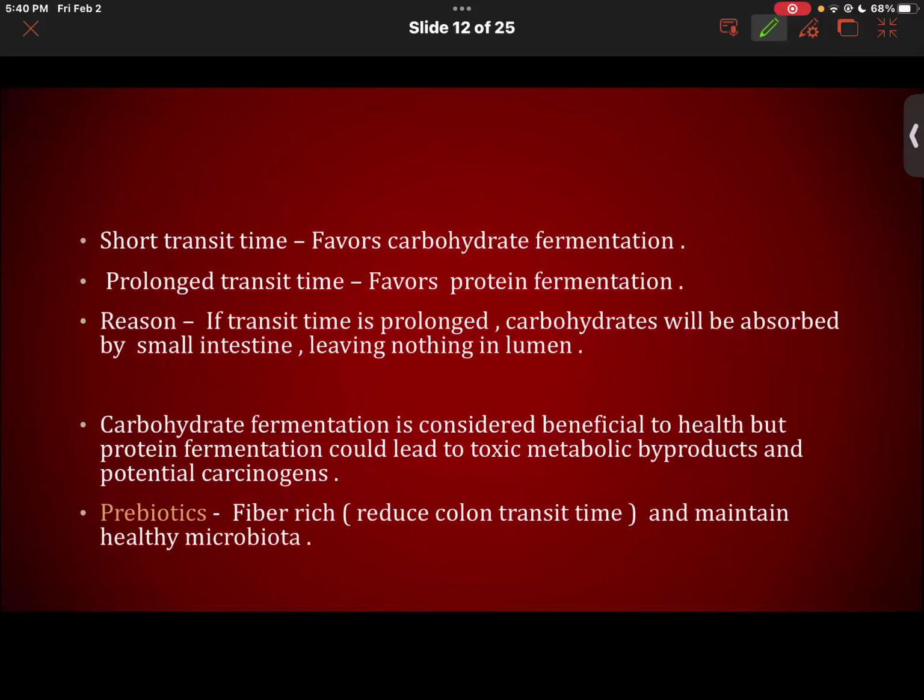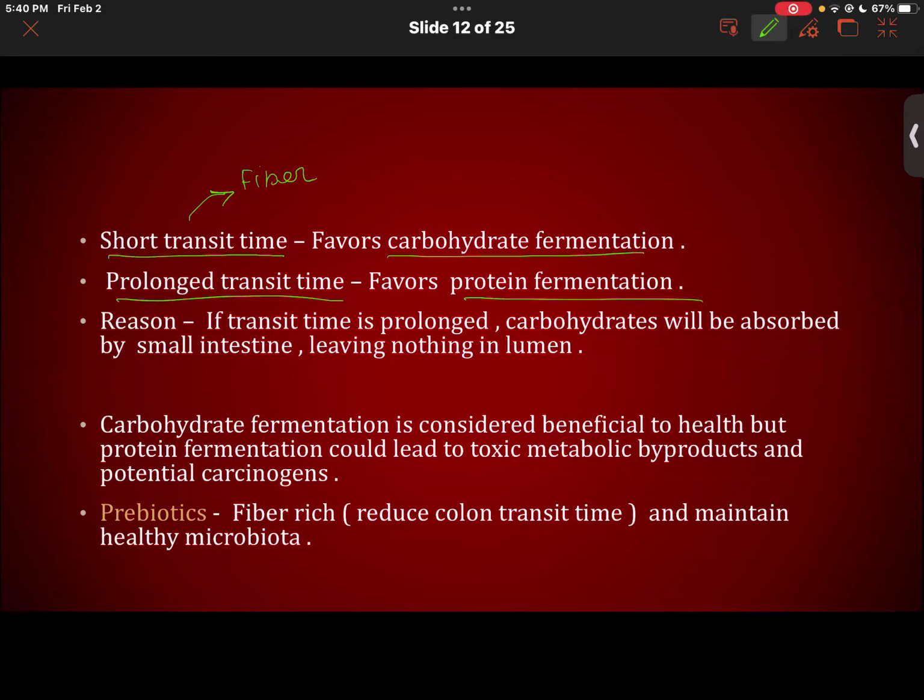So now, if we have a short transit time throughout the GI, and obviously this can be achieved by eating fiber and having a well-balanced diet, this favors carbohydrate fermentation. And if we have a prolonged transit time, obviously this can happen if you have a non-ideal diet, if you do not have fiber, if you drink less water. This all increases the transit time because it decreases lubrication in the colon, which makes it harder for the feces to pass through.